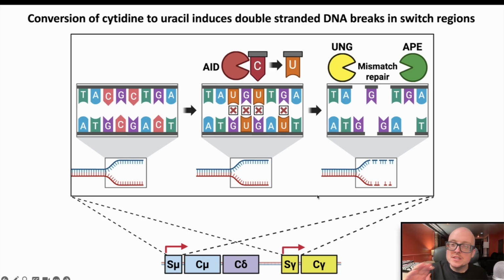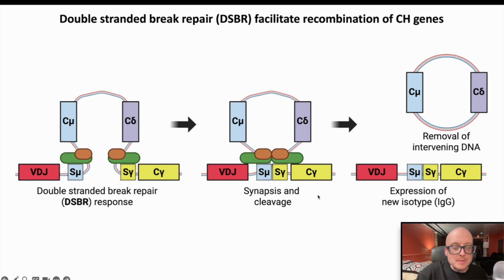So assuming that we induce these double-stranded breaks in both of these switch regions, what happens next is that the double-stranded break repair response kicks in. And we won't cover all of the enzymes involved in the double-stranded break repair response. Many of them overlap with the enzymes involved in VDJ recombination, although not all.